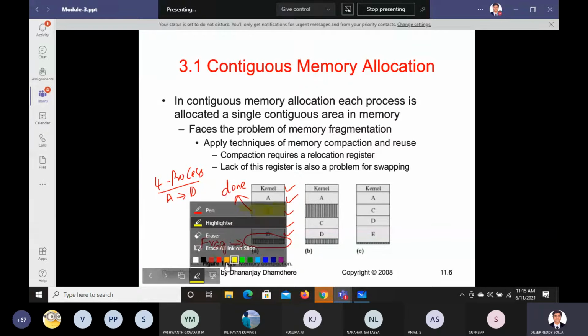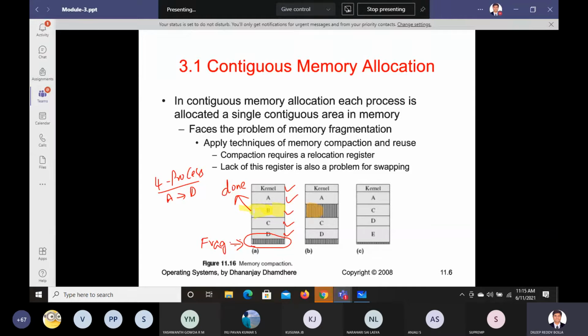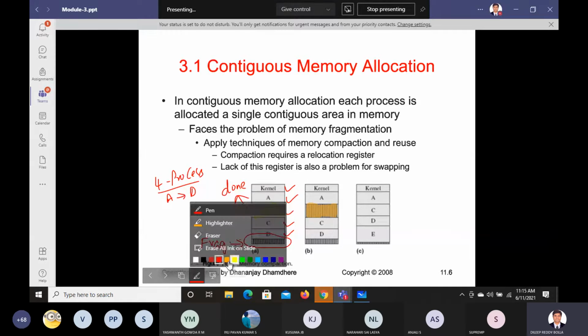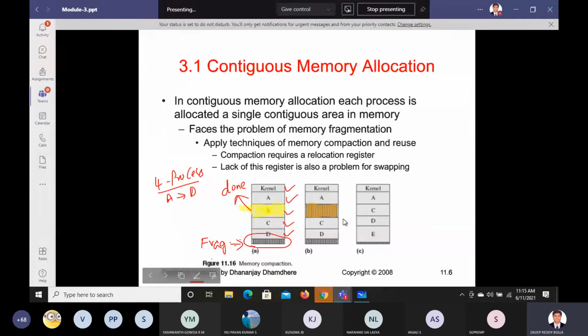If B is done with it, then this corresponding portion is completely free, which means what? It can now be used for any other purposes. Let us say this one we can use for any other process.